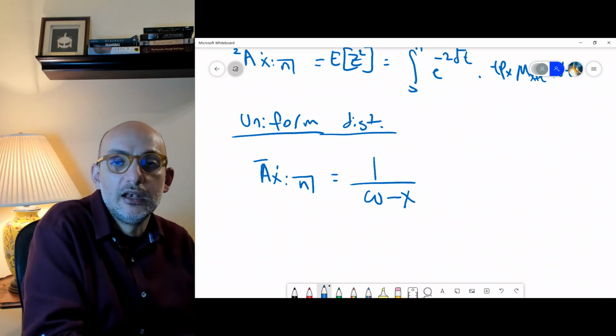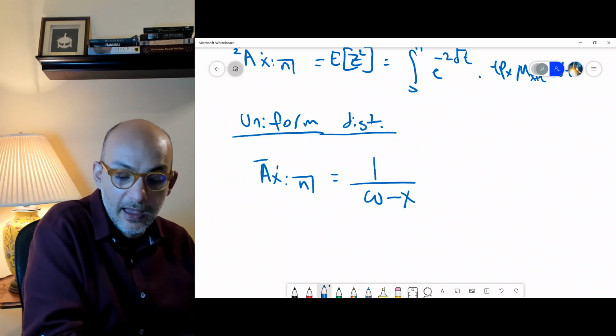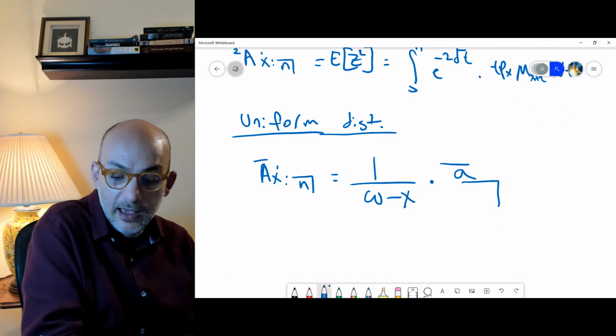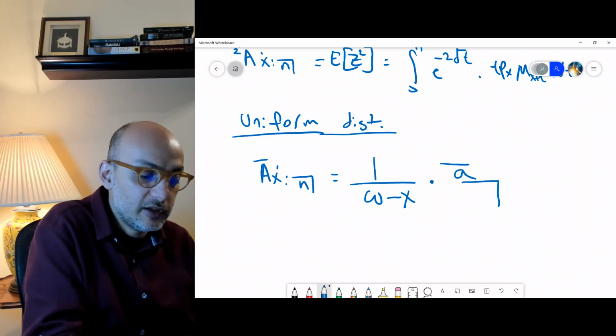So omega is the limiting age; you subtract from it the age you evaluate it at, multiplied by ā. This is annuity certain, and last time it was omega minus x.